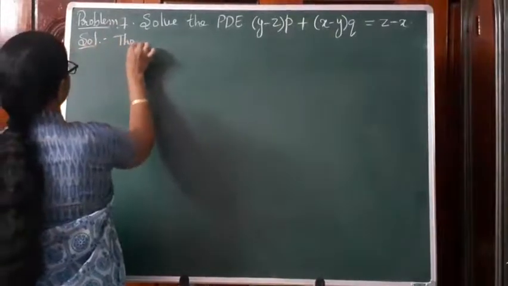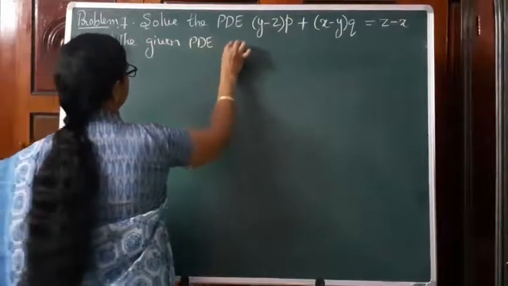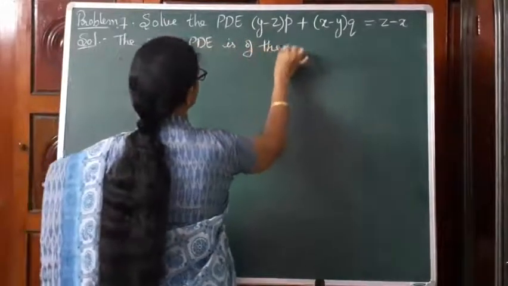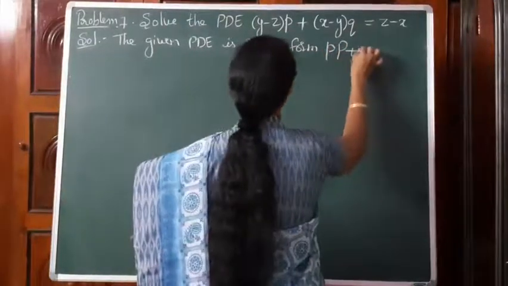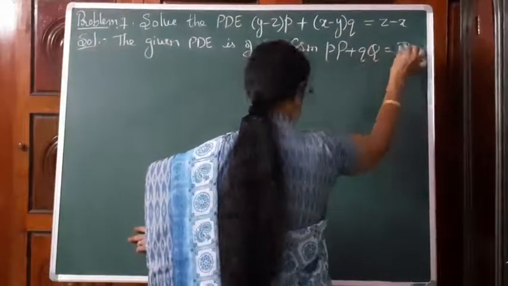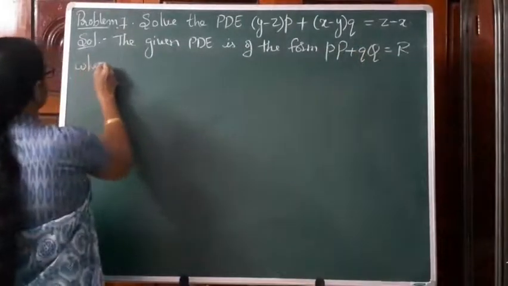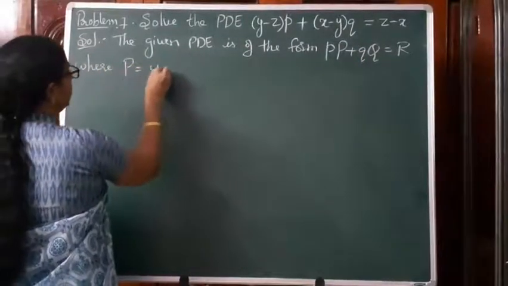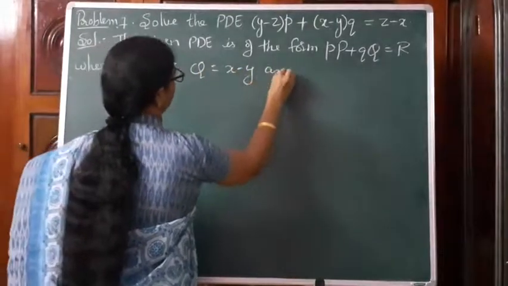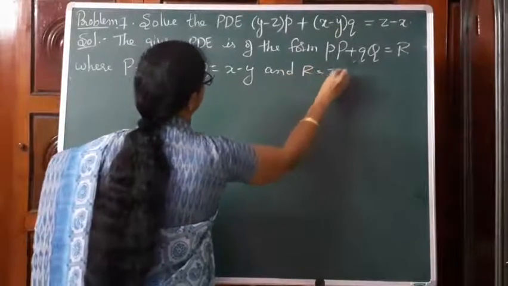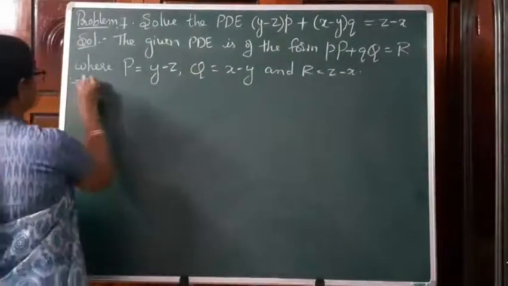The given differential equation is of the form P p plus Q q is equal to R, where capital P is y minus z, Q is equal to x minus y and R is equal to z minus x. Now we write the auxiliary equations.